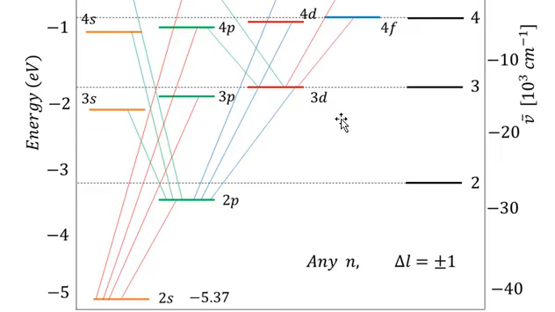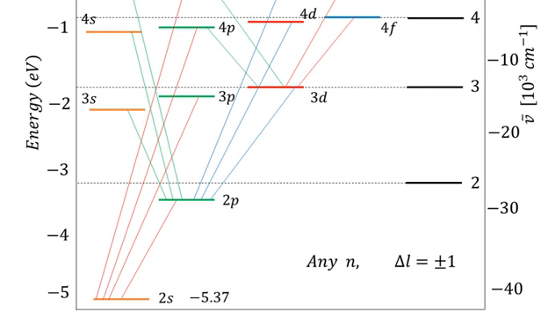And similarly, consider the level 3d. From 3d to 4f is possible. Similarly, from 3d to 4p is also possible. From 3d to 5p is also possible. That is, the transitions should obey delta L equal to plus or minus 1, and any value of n is possible.